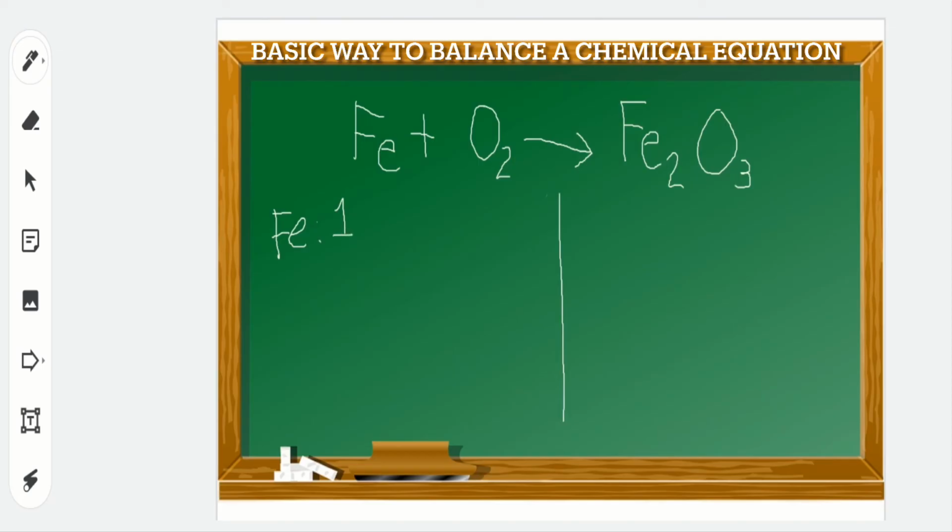For the oxygen, we have 2. Now, for our product side, obviously, for a number of iron, meron tayong dalawa. And for our oxygen, we have 3.